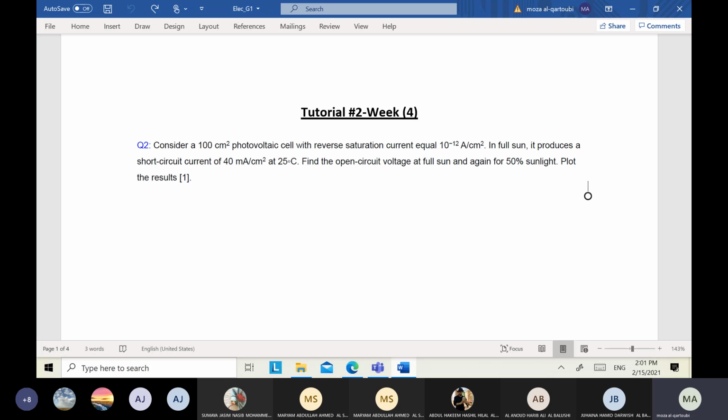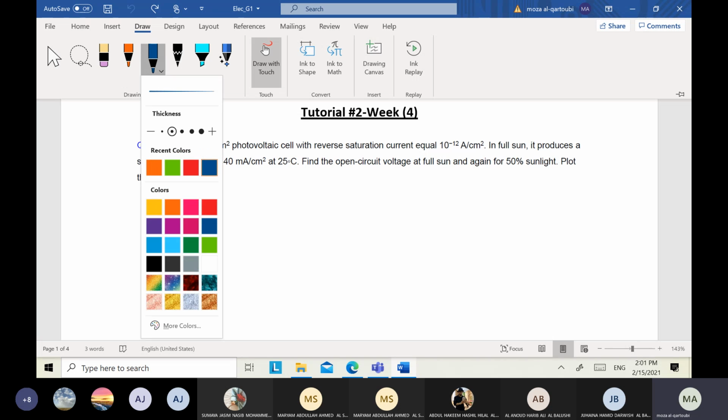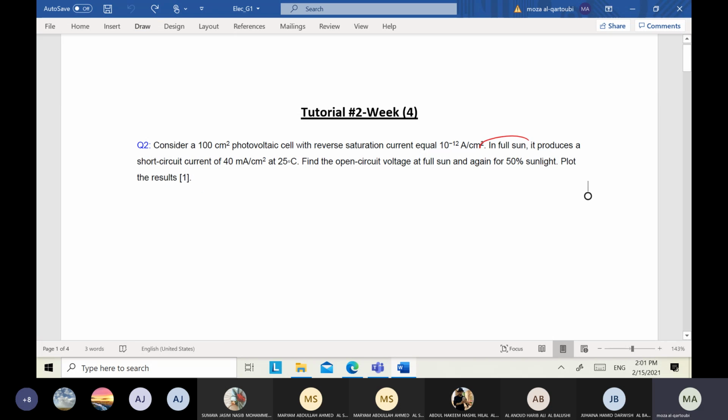Then given two cases, in full sun, the photovoltaic cell produces a short circuit current of 40 milliampere per centimeter squared at temperature equal 25 degrees C.